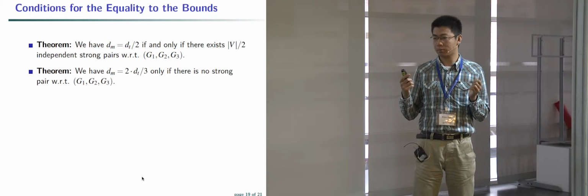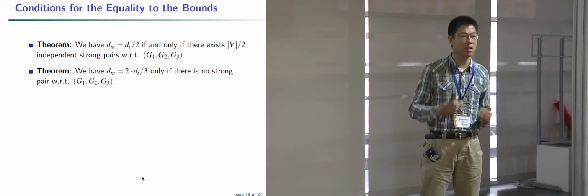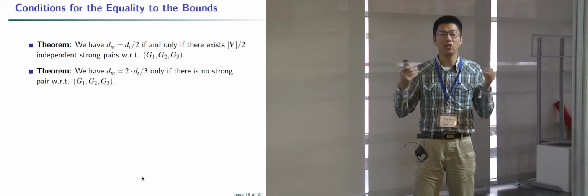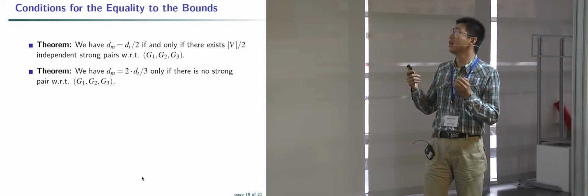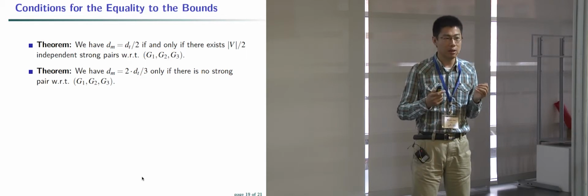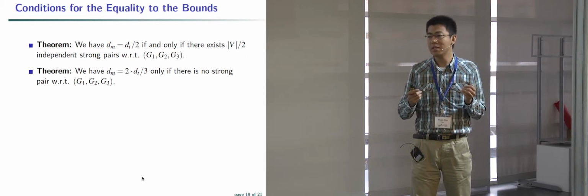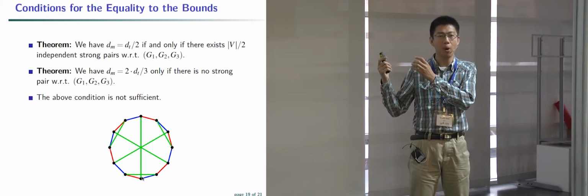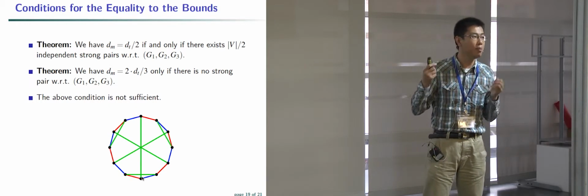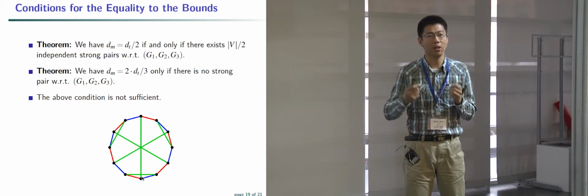And the median distance can reach its upper bound only if there's no such strong pair. Okay, but the second result is not sufficient, and this can be shown by this example. In this example, it has no strong pair, but the upper bound is also not reached.